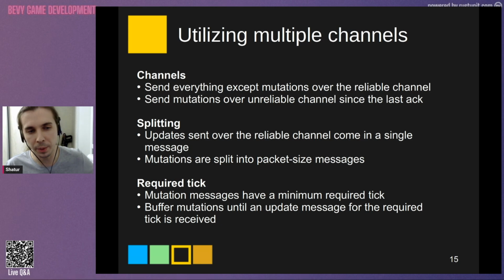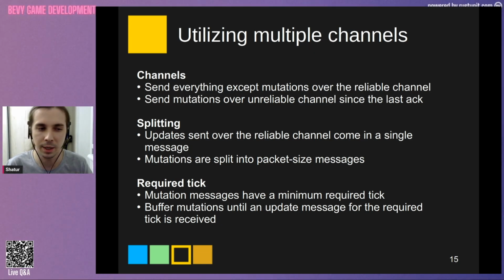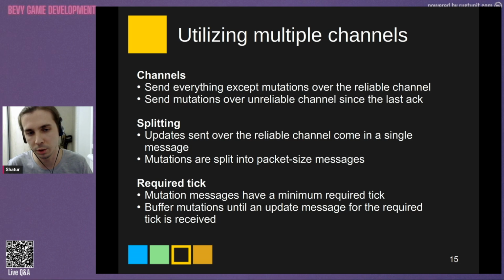And to properly deal with partial updates, we assign a required tick for each mutation. So mutation messages rely on a special tick on which they happened on server. Basically, we just look for the latest insertion, removal, spawn, or despawn, and include the tick when that happened in the mutation message. And mutation messages on client are buffered until the update with this tick is received.